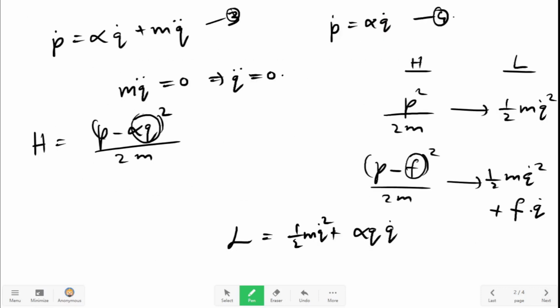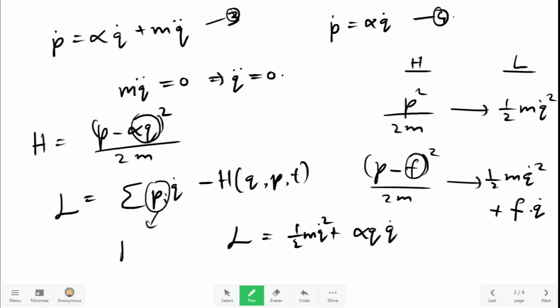The method we used here to convert Hamiltonian to Lagrangian is the faster method. Actually you have to use the equation L is equal to summation p_i q_i dot minus H, and you have to substitute p_i here. In H also you have p_i. You have to substitute p_i as a function of q dot, q and t.